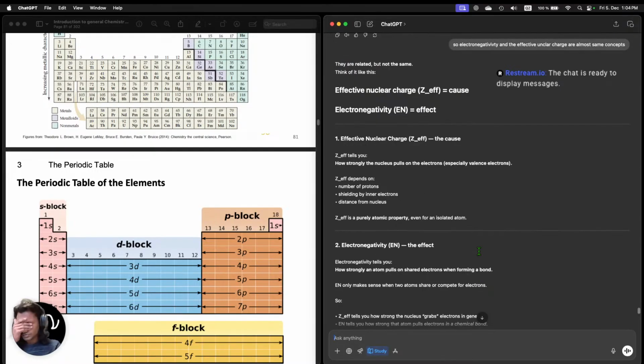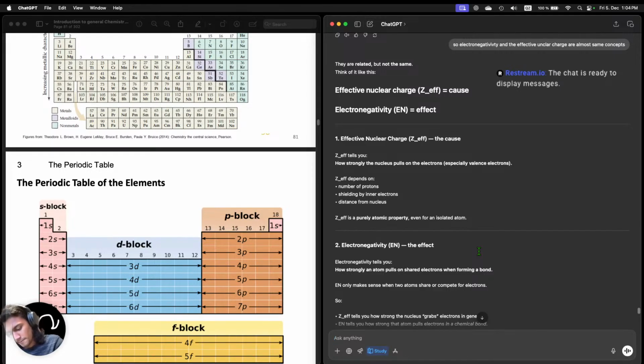So electronegativity is how much the atom has the ability to pull in electrons. This usually matters when it's in a bond, when it's sharing electrons with other atoms.